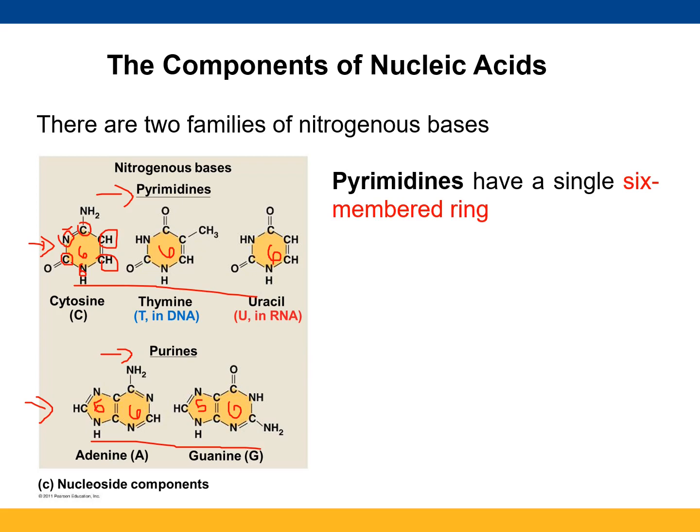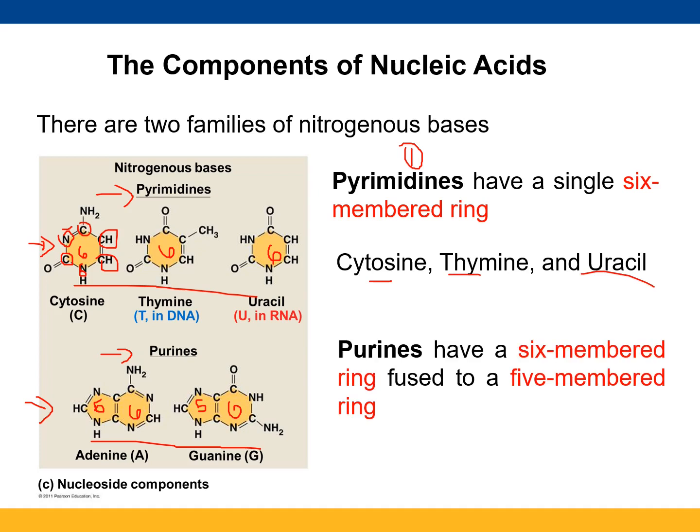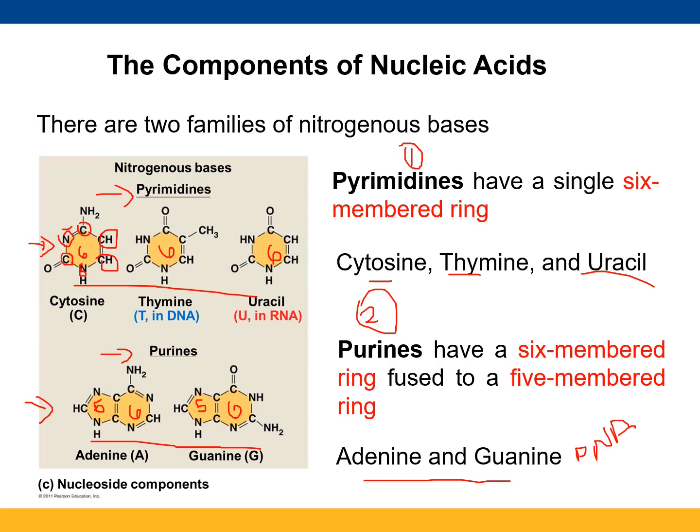So let's recap. As I said before, pyrimidines have a single 6-member ring, and the components are cytosine, thymine, and uracil. And the other one is the purines, that I want you to remember, is a 6-member ring fused to a 5-member ring, and here you have adenine and guanine that are located in the DNA and RNA.